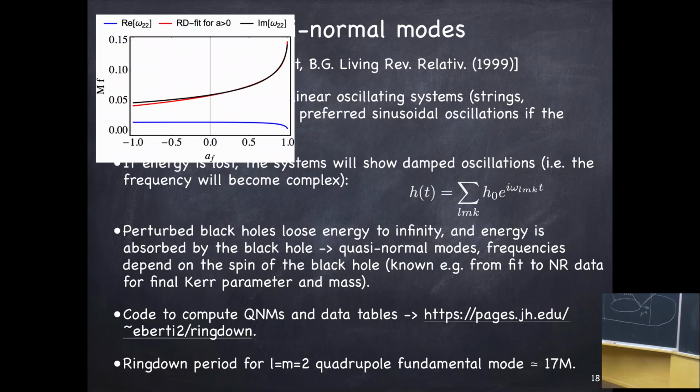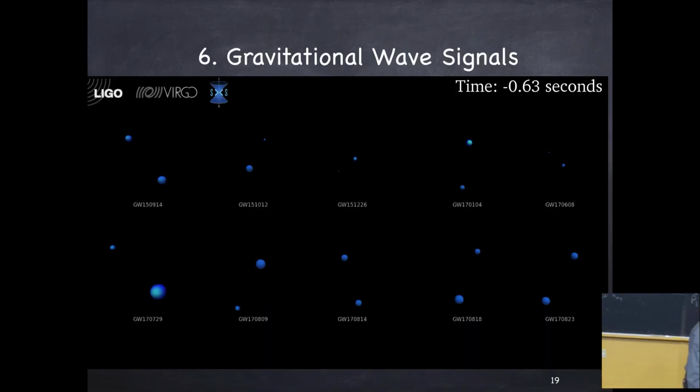So in the sense of the rotation, the frequency goes up, go the other way, goes down, and then this is the damping factor. So you see if you have very highly spinning black holes and you go in the sense of rotation, the damping decreases a lot. And I think that's all.